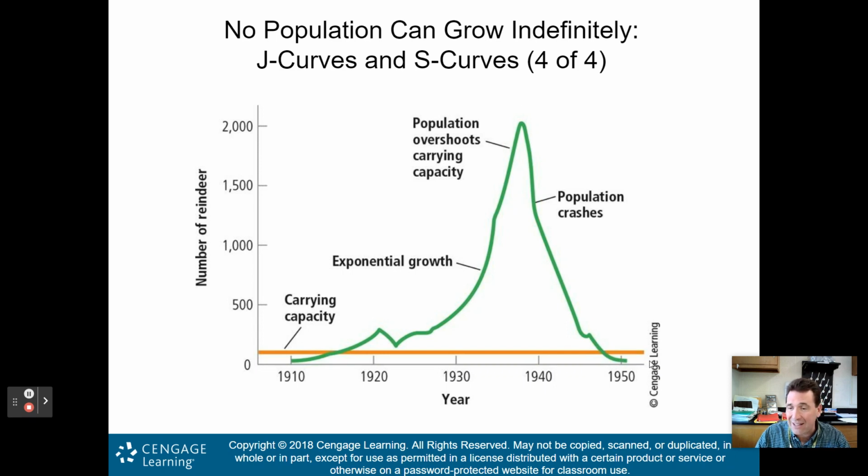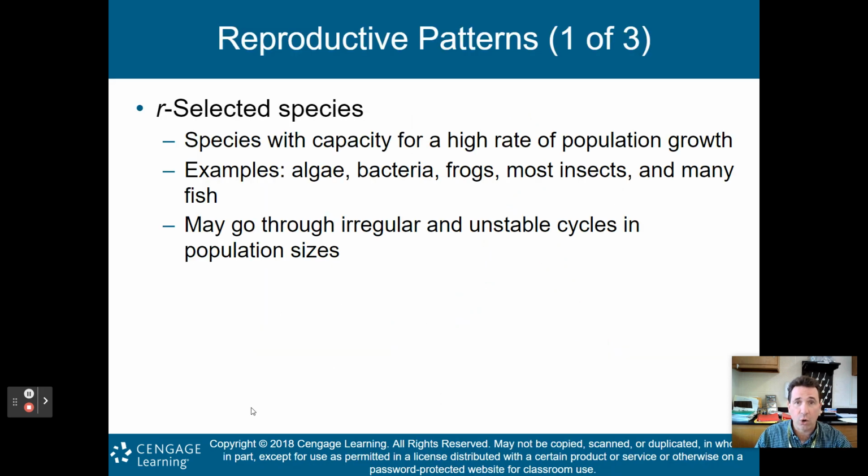All these reindeer ended up dying and not surviving. So this is what can happen if you have a huge overshoot of the carrying capacity. You end up getting a population crash on the other side, because the environment just can't sustain that many organisms, because the resources are not there to support them.